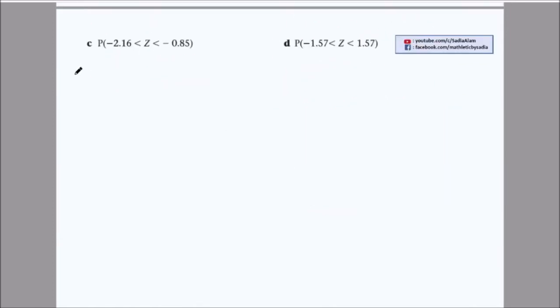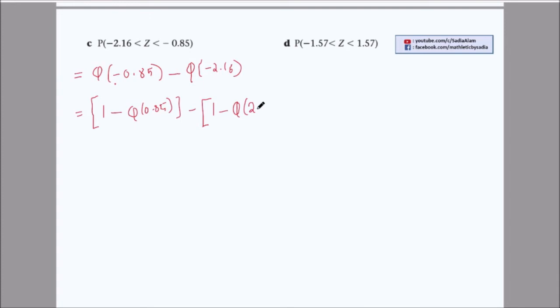Next we have this. It will be phi of this right side, 0.85, minus phi of this value, the lower limit, 2.16. But for negative we need to use 1 minus phi of 0.85, right? And for this also we need 1 minus phi of the positive. So if we simplify this, 1 minus phi of 0.85 minus 1, minus minus will give us plus phi of 2.16.